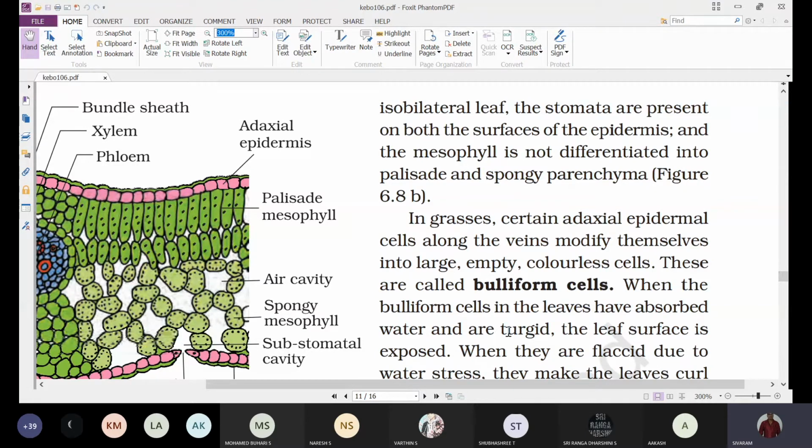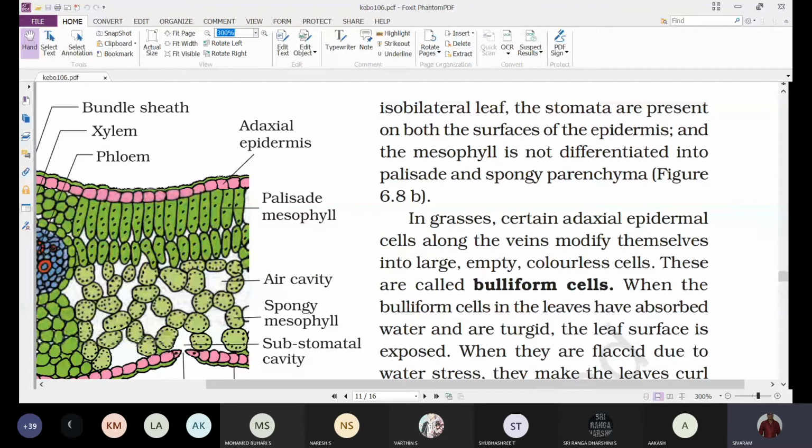So we'll find spongy parenchyma throughout the mesophyll. That's why we are saying that the palisade and spongy parenchyma are not differentiated.